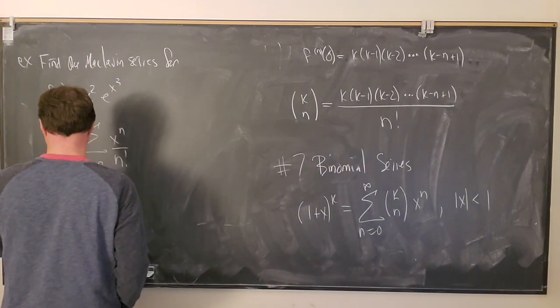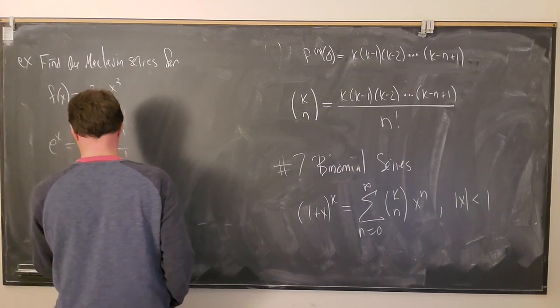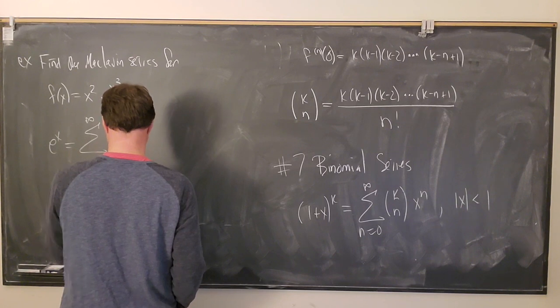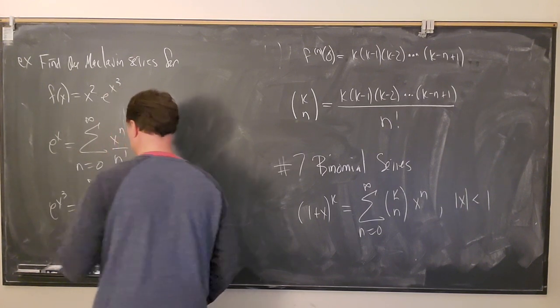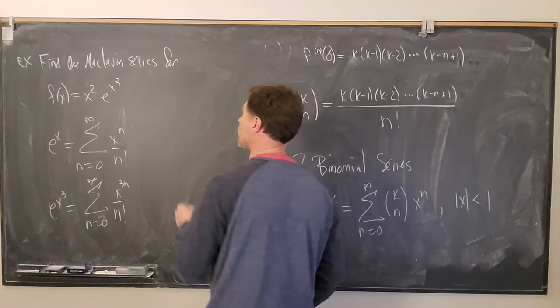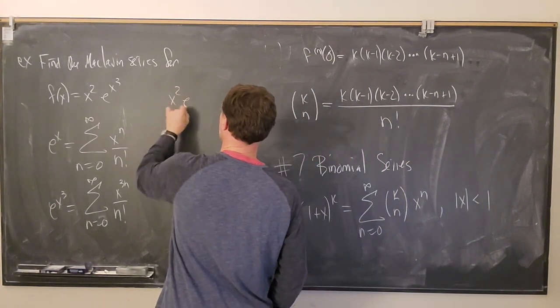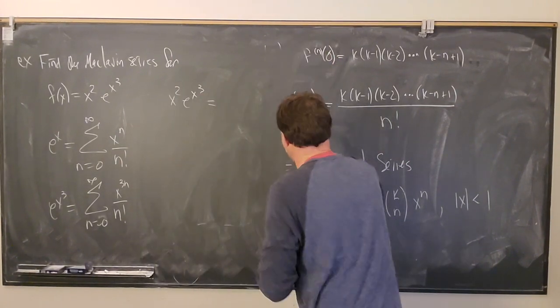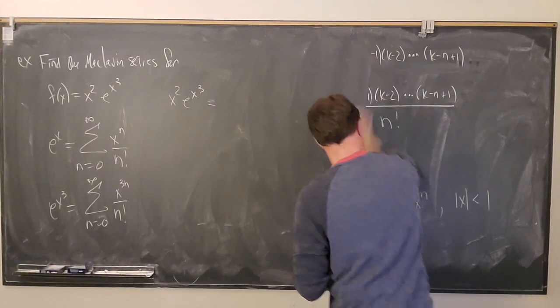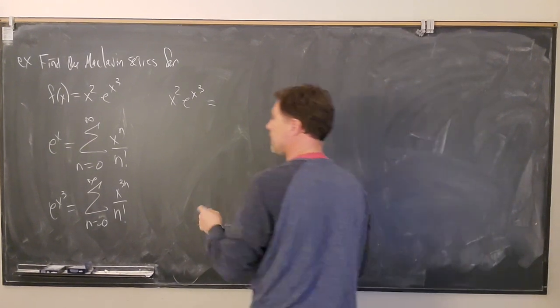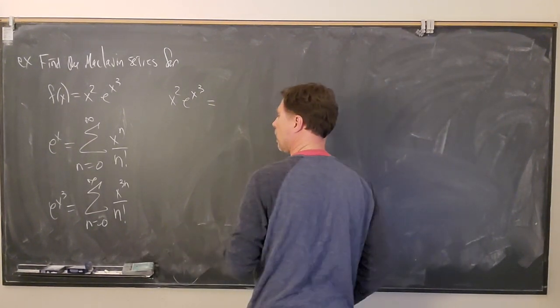So e to the x cubed will then be sum n equals 0 to infinity, x to the 3n divided by n factorial. And then finally, I'm going to multiply by x squared, so x squared e to the x cubed is equal to a sum.